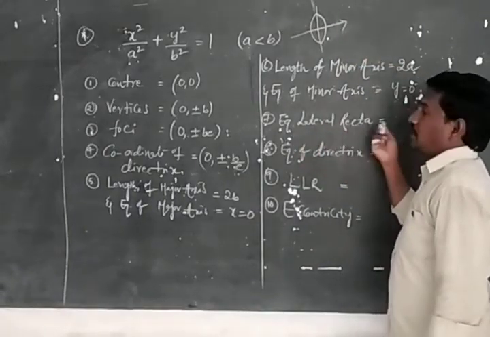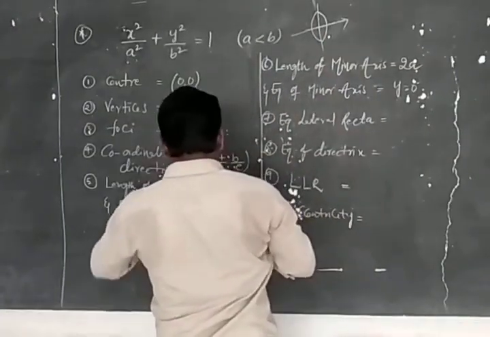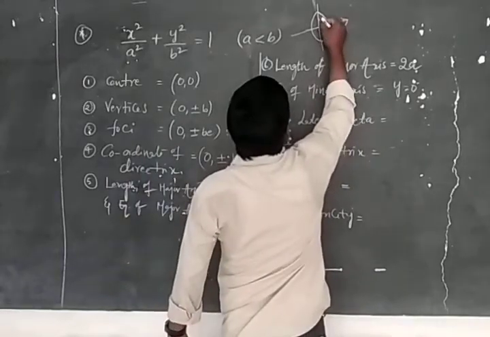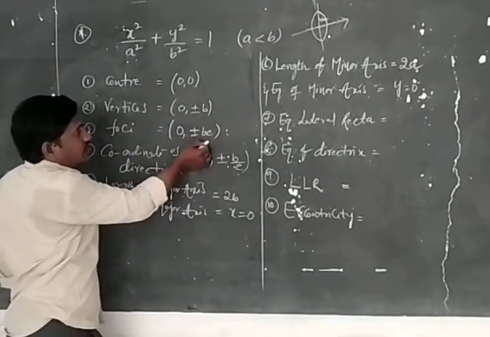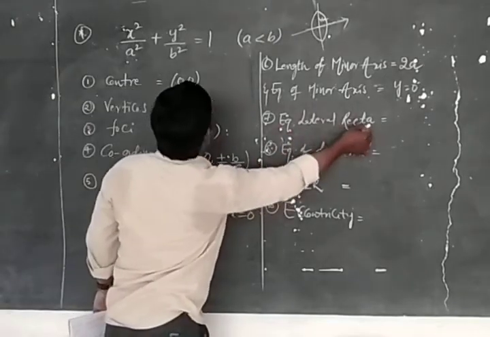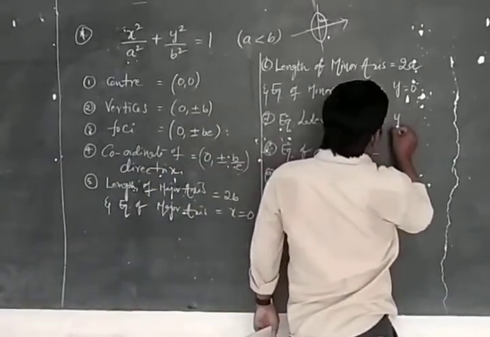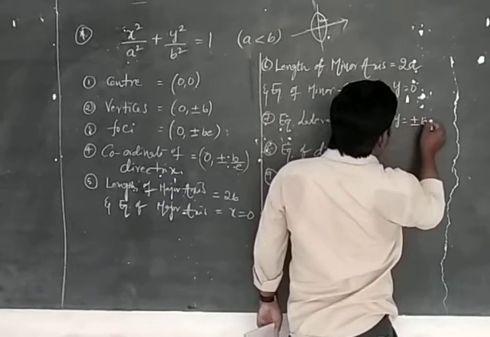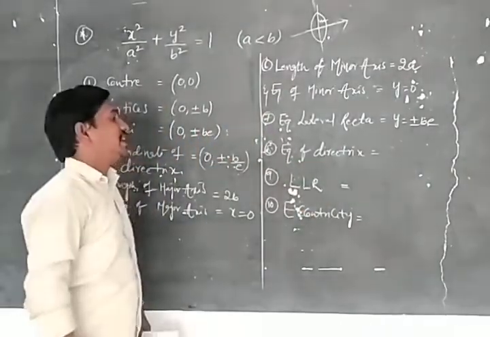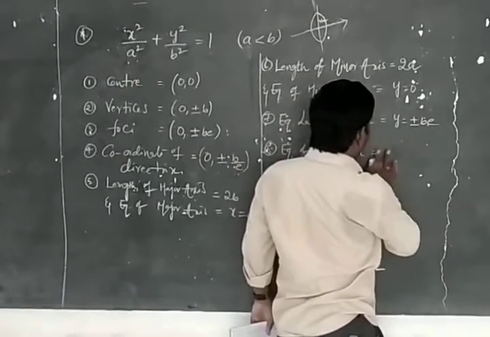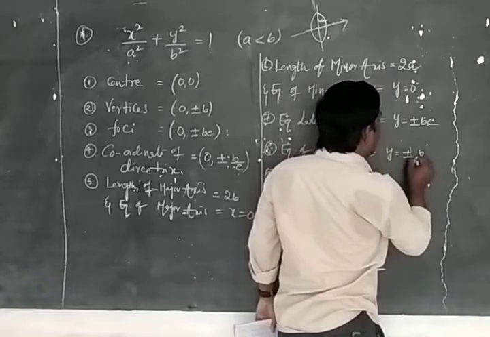Equation of lateral recta, here y equal to the y value of the foci, plus or minus b. So the equation of lateral recta is y equal to plus or minus b. So the equation of directrix means y equal to plus or minus b by e.